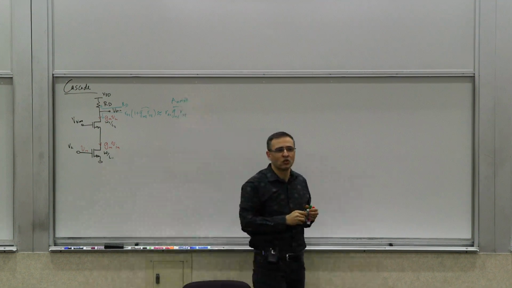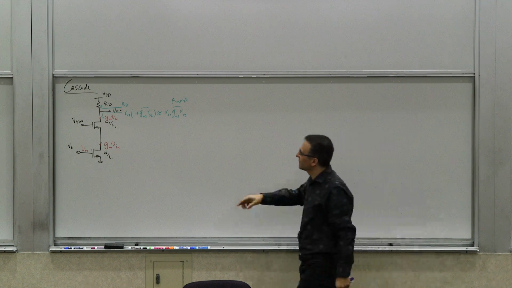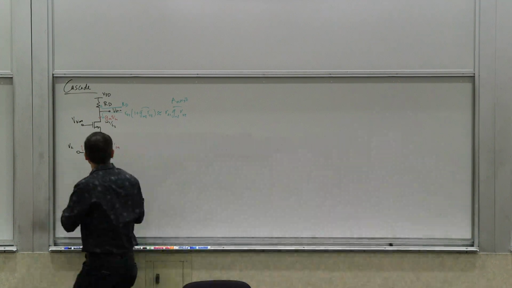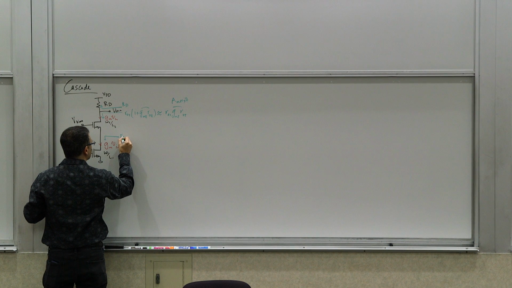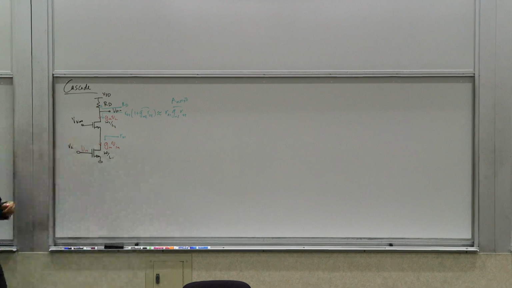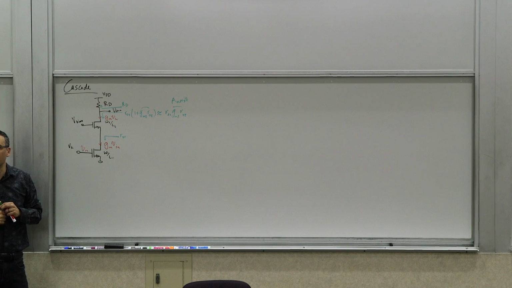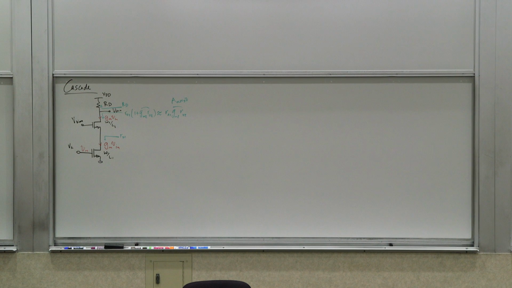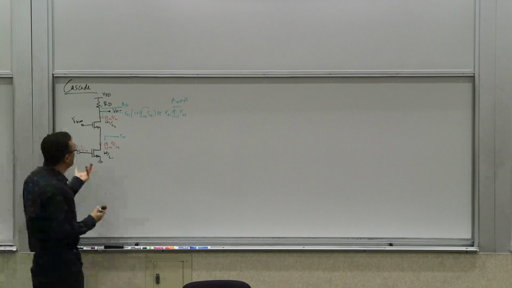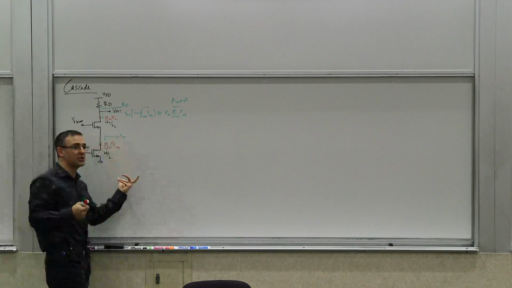You can see that the output resistance of this guy, which is what you would have seen looking down here, is multiplied by the maximum intrinsic gain of this guy because of this common gate operation. So that was the essence of the Cascode. We've seen this before, and we exploited this last time to make stages with higher gain.